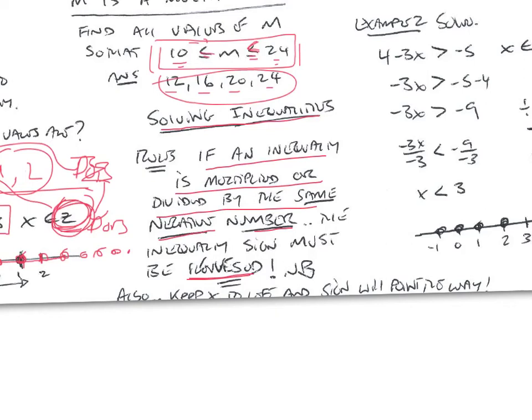Must be reversed, R-E-V-E-R-S-E-D. Really, really important. And if you can, when you're solving inequalities, try and keep your x value to the left, and the inequality sign at the end will point in the direction of where you're marking on the number line.